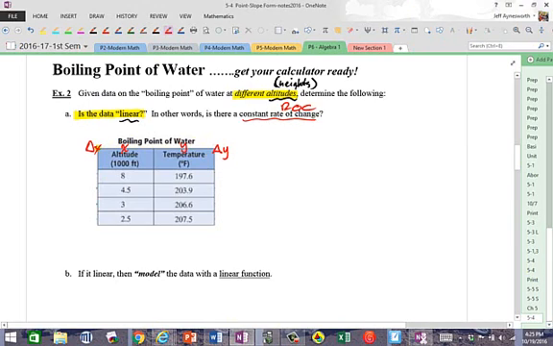What are the changes in x? What are the changes in y? I noticed that as the altitude, which is in 1,000 feet, by the way, so this is 8,000 feet, it's 197.6 degrees, and 4,500 feet is 203.9 degrees Fahrenheit. I noticed that as the altitude decreases, closer to sea level, the temperature increases.